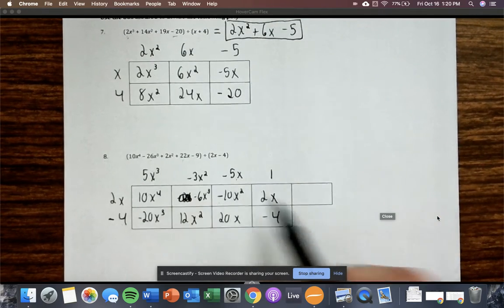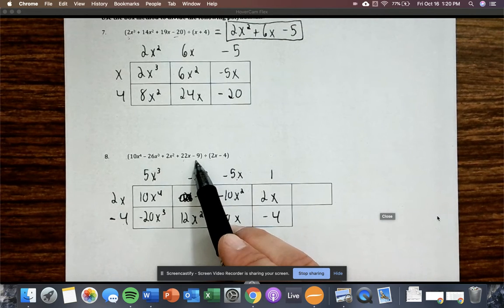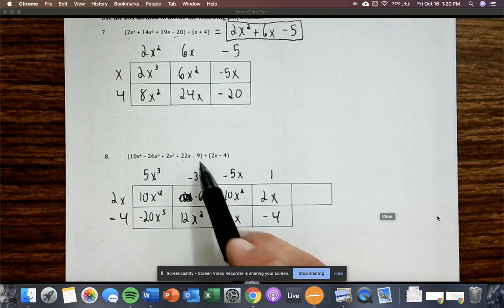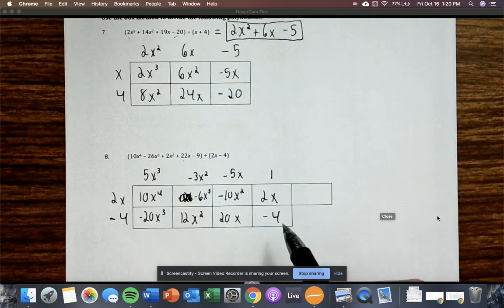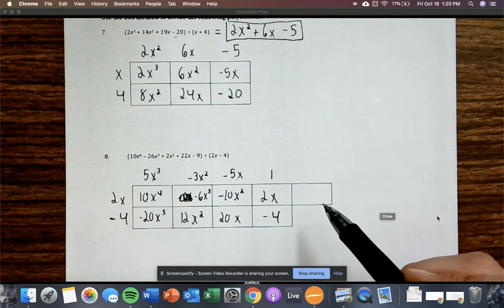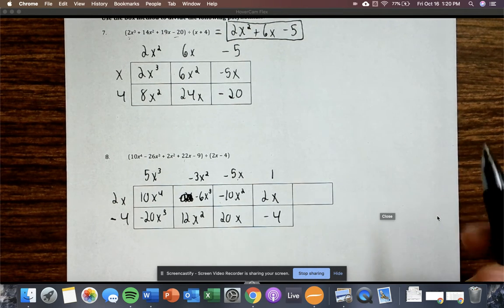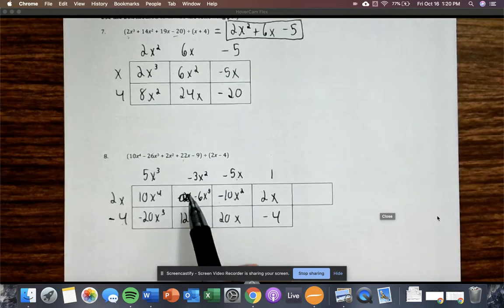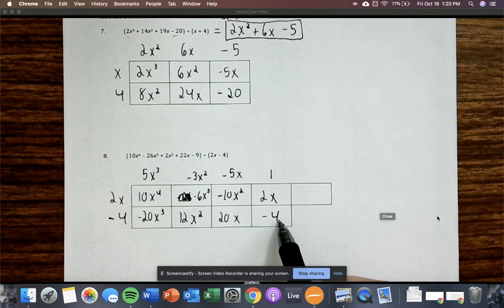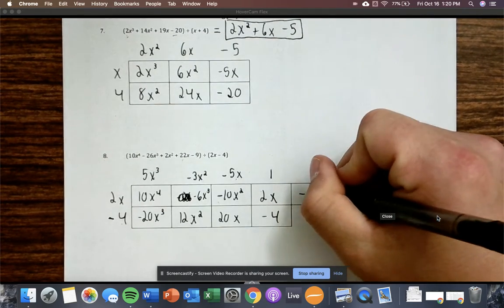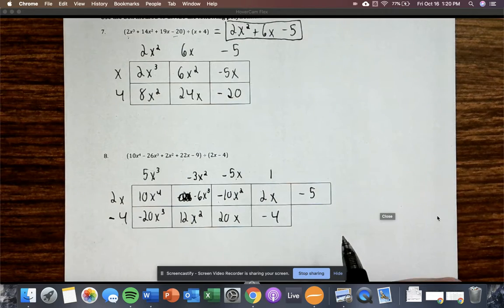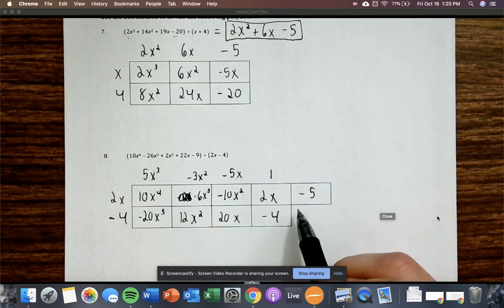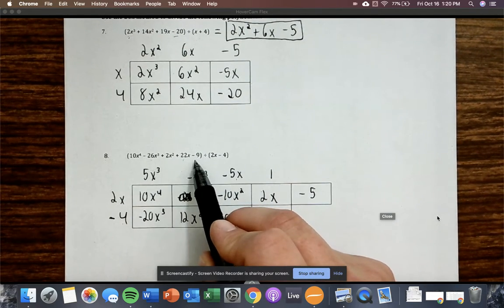Now notice, negative 4 times 1 is negative 4. If we look, we still have something we have to get to, right? Because this negative 4 should be in the bottom right-hand corner. But when this happens, what we have is a remainder, right? Just like in normal division, we can have a remainder. We got all the way to this point, and there's still a negative 5 to go, right? So we got to think negative 4 plus negative 5. That's how we get that negative 9.